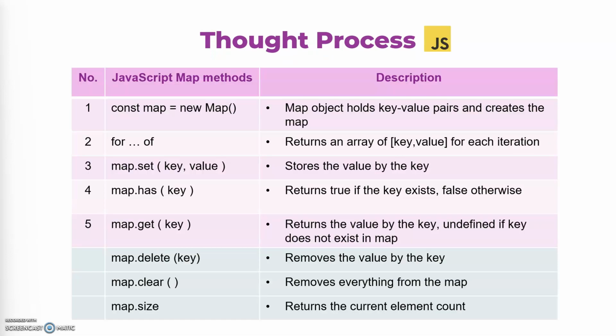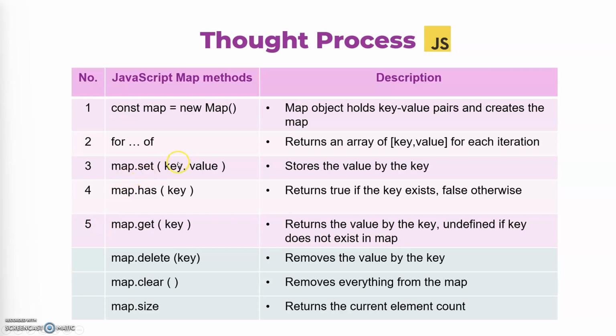So before I dive into the JavaScript solution, I want to go through these 5 methods which are highlighted in this pink color, 1 to 5. So we need map. For map, this map object will hold the key and value pair. So we will use this const map equal to new Map. And then we can iterate through this array. For the map, we will use 3 methods, 3, 4, 5.